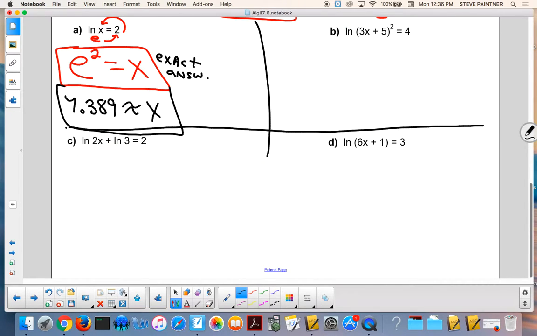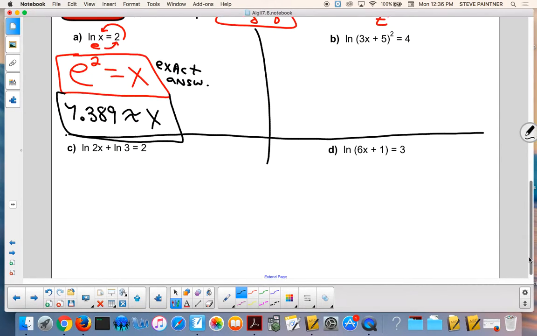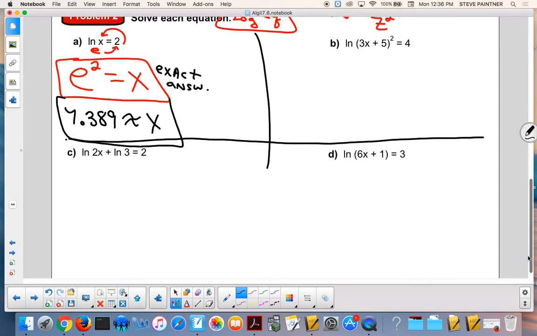Okay. Again, I don't think I need to help you guys. I really don't, because you did this last week. e to the 4th equals (3x plus 5) squared, right?